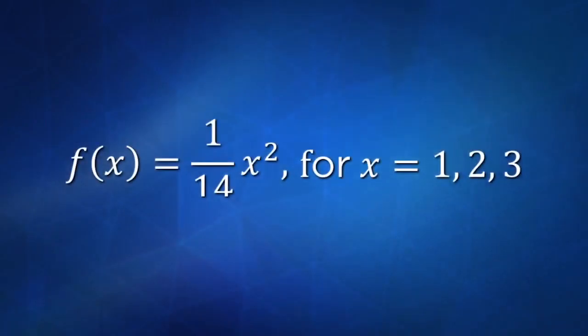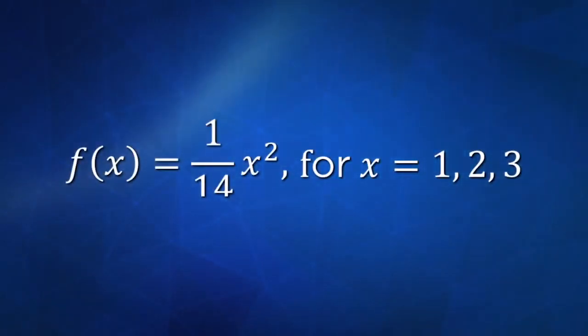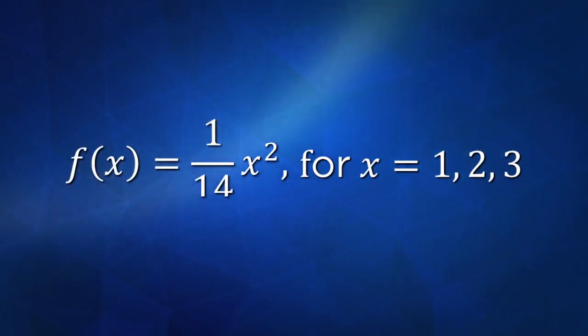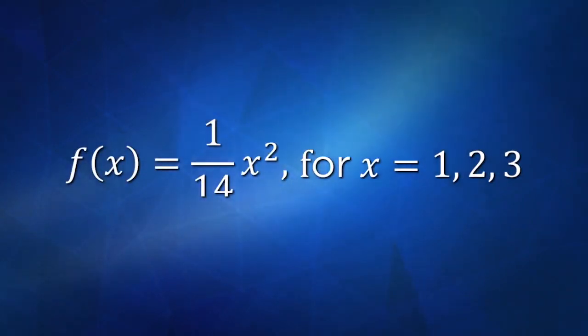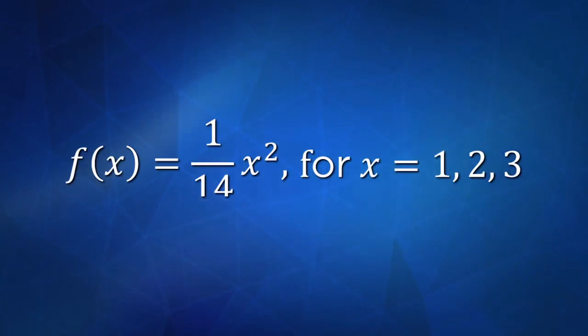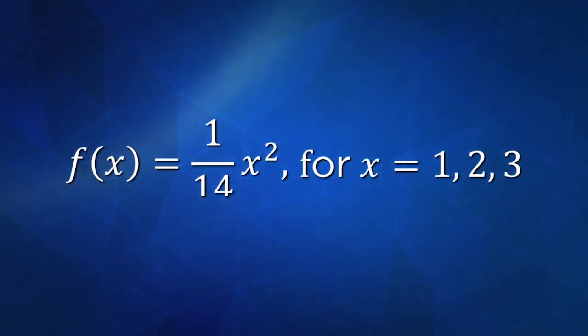Now we can define a random variable always using its probability mass function. Here's an example. f of x equals 1 over 14 times x squared. But how do we know that this is a valid probability mass function? Well, because it sums to 1 over all possible values of x.